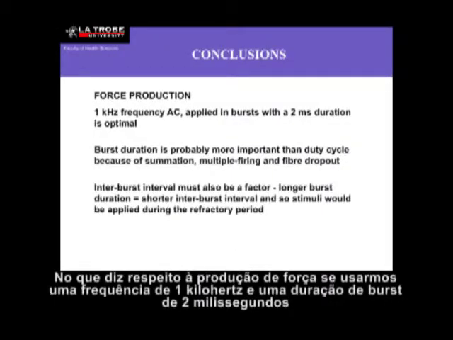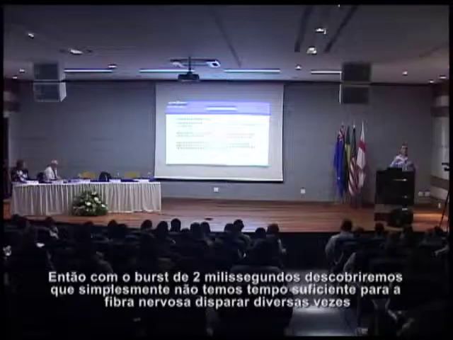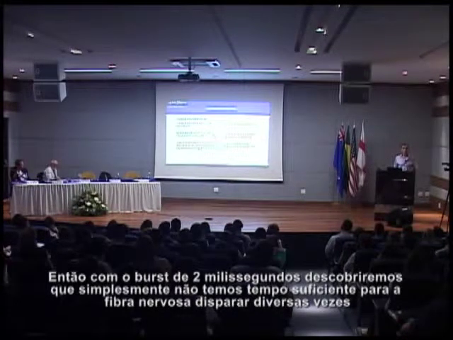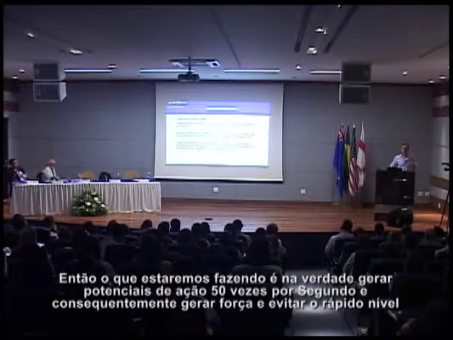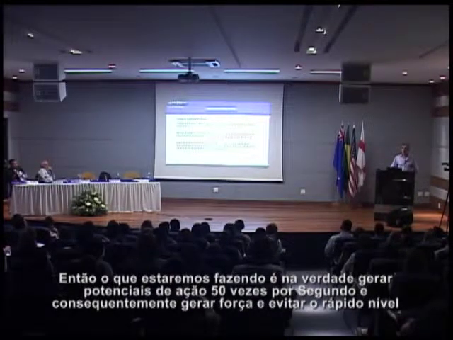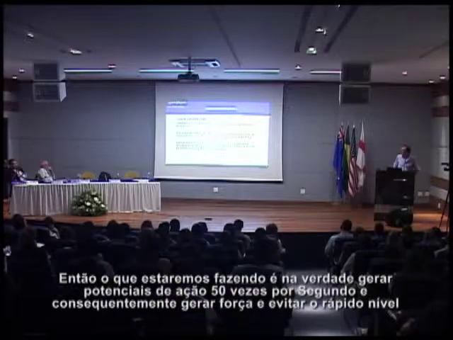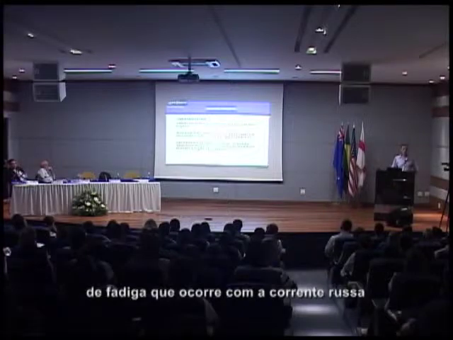So as far as force production is concerned, if we use a frequency of 1 kilohertz and a 2 millisecond burst duration, we simply haven't got enough time for the nerve fiber to fire multiple times. So we'll be generating action potentials 50 times per second, and consequently generating force and avoiding the very rapid rate of fatigue that you get with Russian currents.